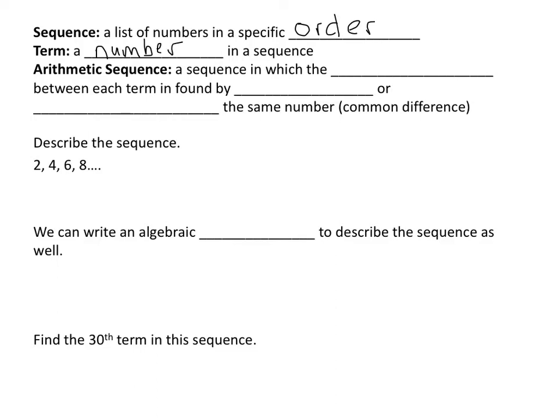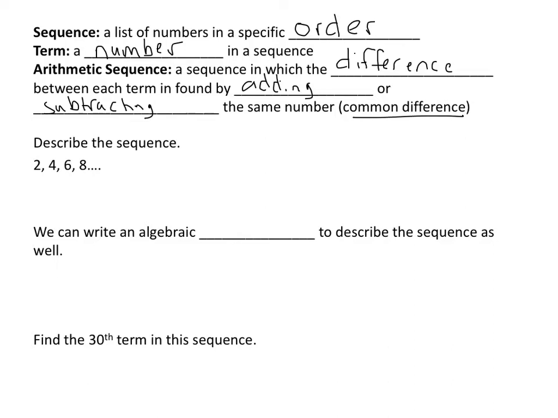An arithmetic sequence is a sequence in which the difference between each term is found by adding or subtracting the same number, and that number is called the common difference.